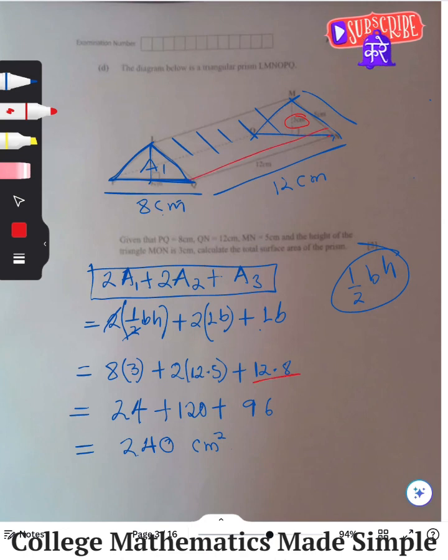This is 12 multiplied by 8 this side. Okay, so in paper 2, you are using a calculator, so you can see that this is 24, this is 120, and 96. And when you sum them, you will get 240. Don't forget the units. This is square centimeters because we are talking about area.